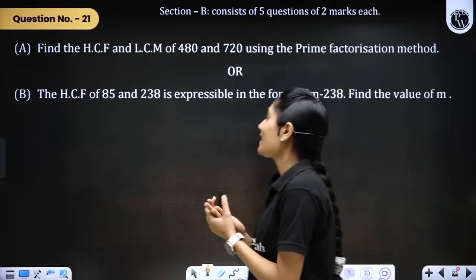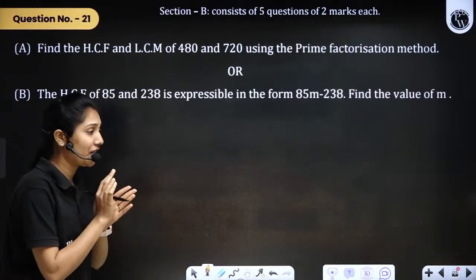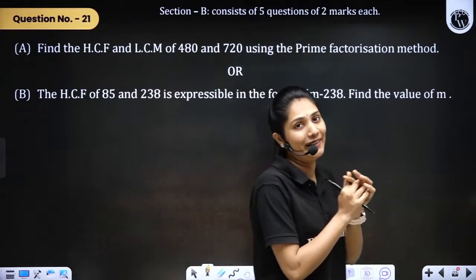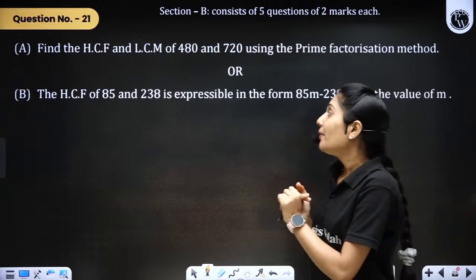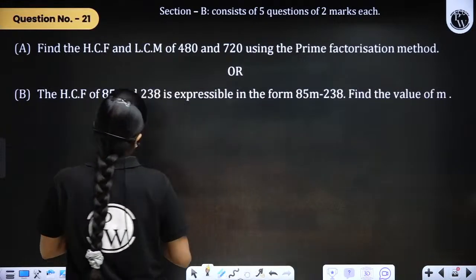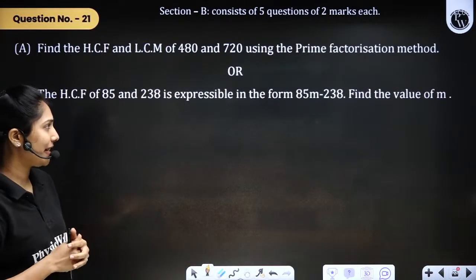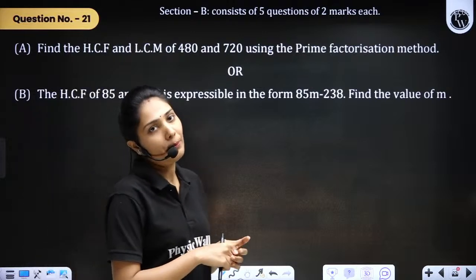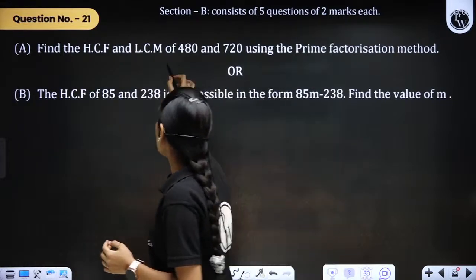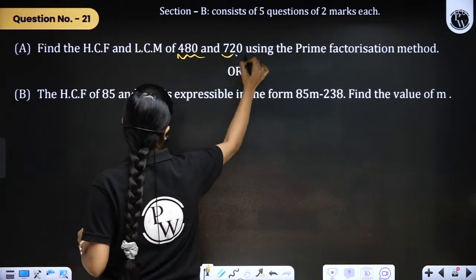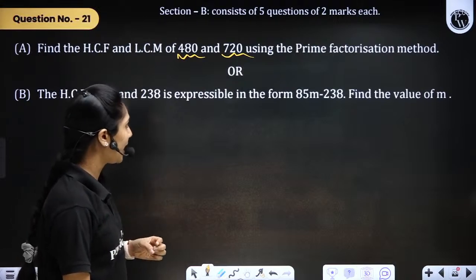Now we are on section number B finally. Find the HCF and LCM of 480 and 720 using the prime factorization method. What we have to do is prime factorization of 480 and 720.